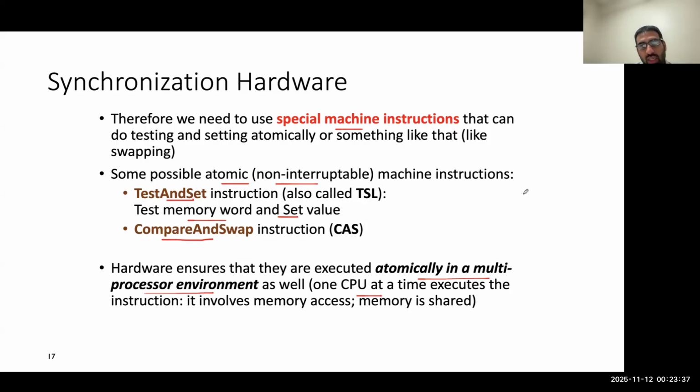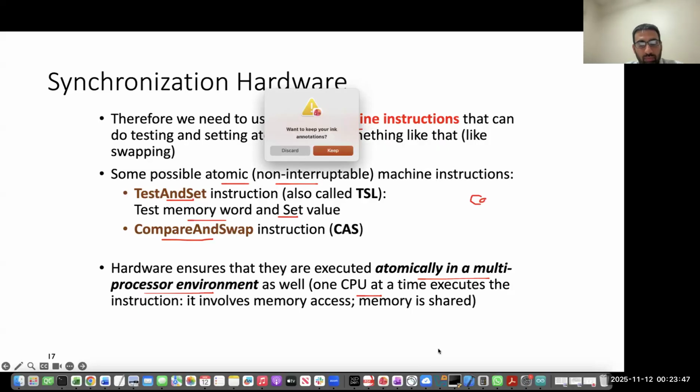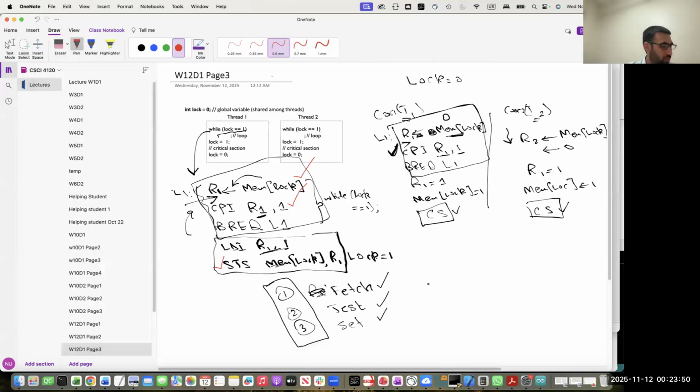Just like, for example, remember we said that if you want to write a value into the count variable, let's say you have thread 1 and thread 2, and both want to write to x. One wants to perform x equal to 1 and the other x equal to 2 at the same time.